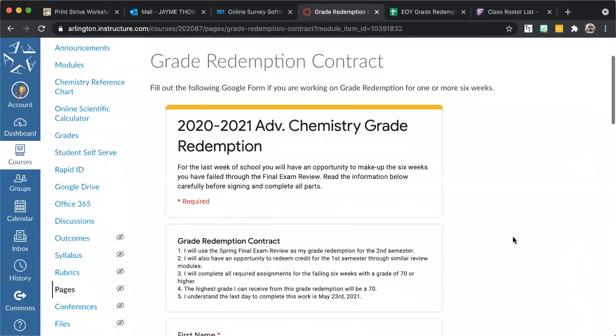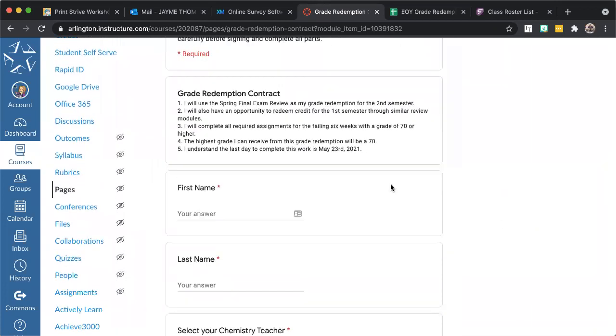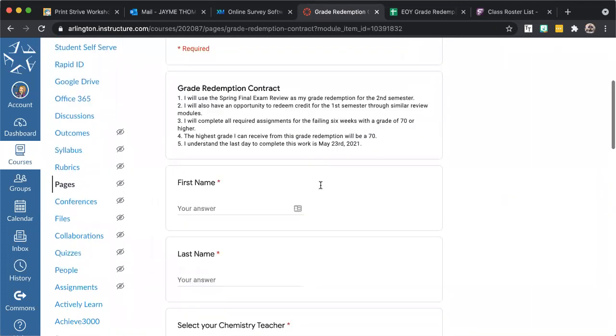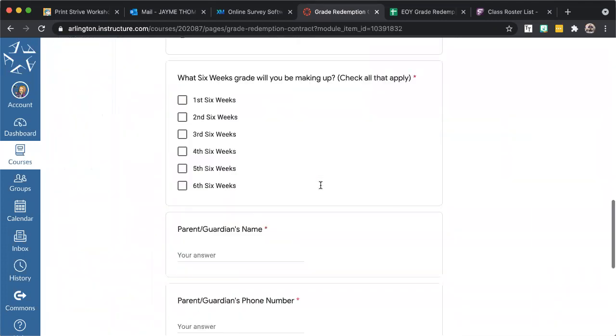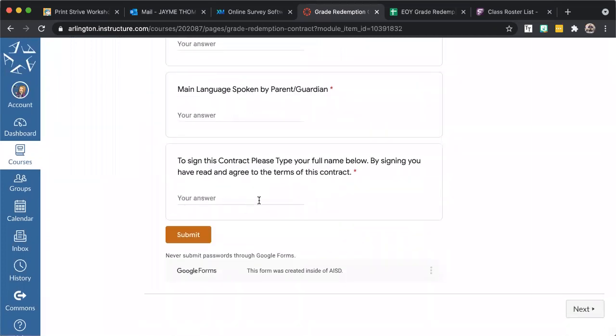So if you fall into one of those categories where you didn't pass one of the 6 weeks, and you can go back and check self-serve if you can't remember which 6 weeks it was, then you will fill out this Google form, and it just kind of goes over what exactly you're going to have to do. You put in your information, which 6 weeks you're having to make up, your parents' information, and then you'll type your name at the end, kind of like signing your contract, and you'll submit it.